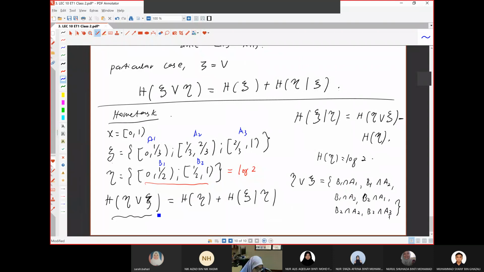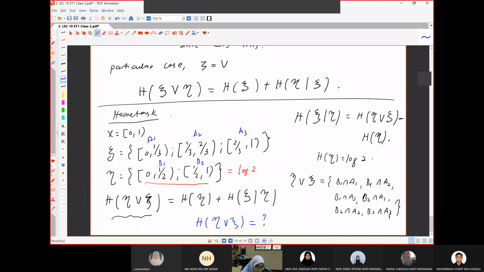Now you know the join, so you can find what the element, the value in the join partition is. So the entropy of this equals something. Let's say you got the answer: the entropy of the left hand side equals this one. Then you have to verify that the entropy of the right hand side is also the same.